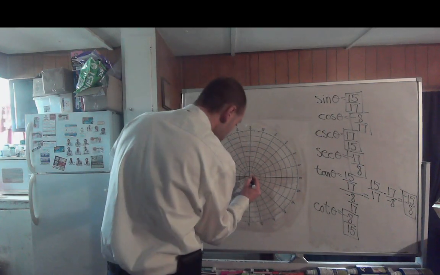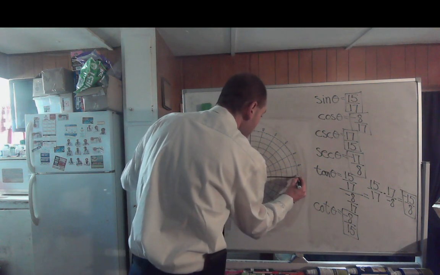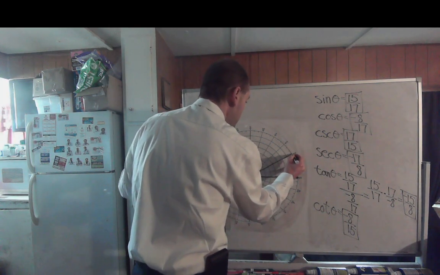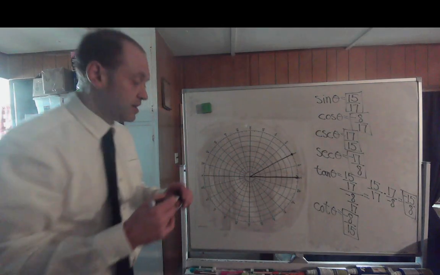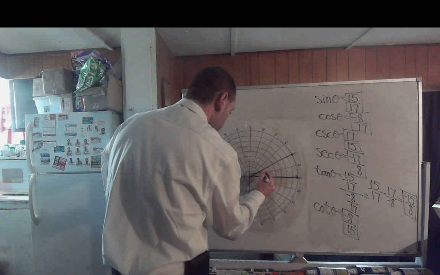Alright, we're going to be given another angle here. We don't really know if that's pi over 6. I'm just kind of plotting it on the unit circle to help us. Here's our theta.